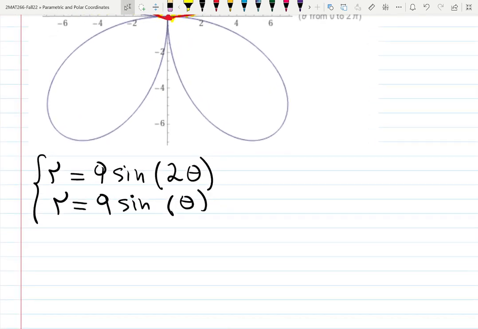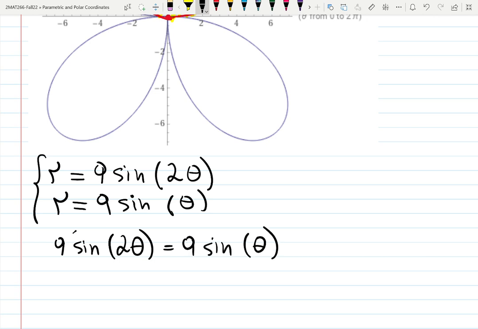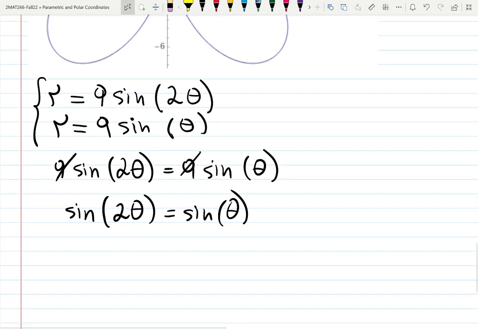So 9 sine 2 theta equals 9 sine theta. Divide by 9. You have sine 2 theta equals sine theta. They cannot cancel out because they have different angles here. So we're going to use the formula of double angle for sine.